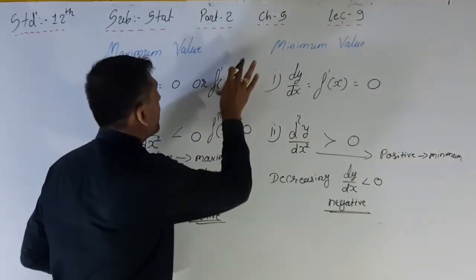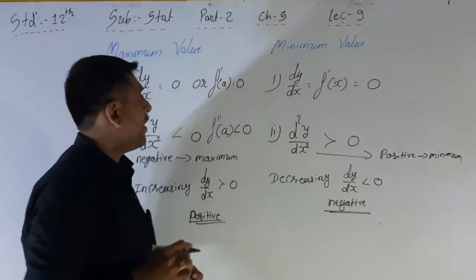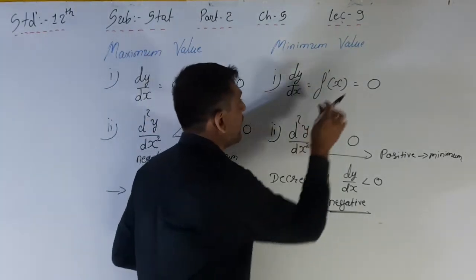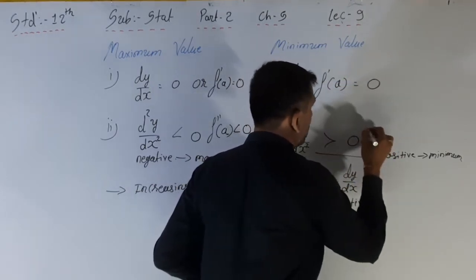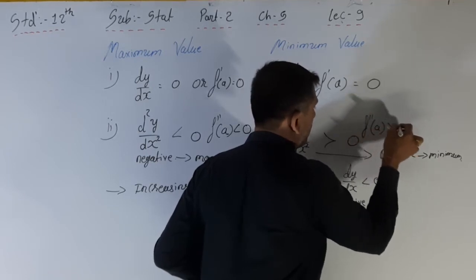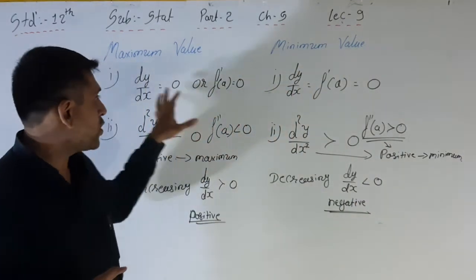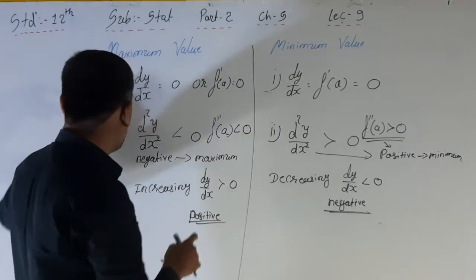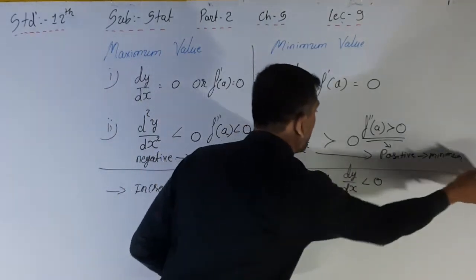So we can write f dash a is equal to 0 and f double dash a less than 0. Okay, so these are the two conditions, 1 and 2 here and 1 and 2 here, for the maximum and minimum of the function.